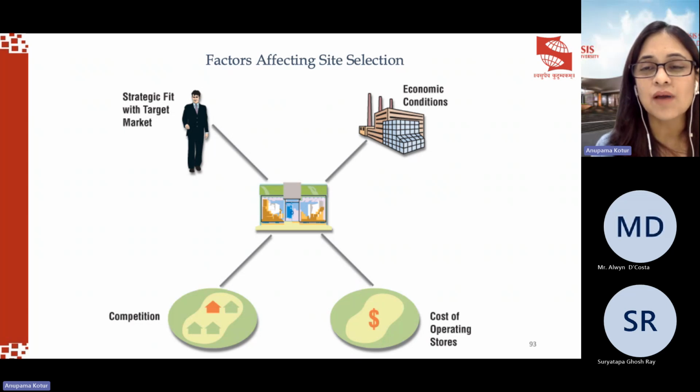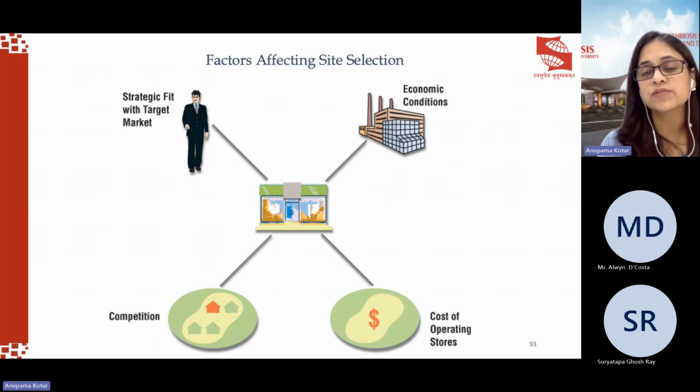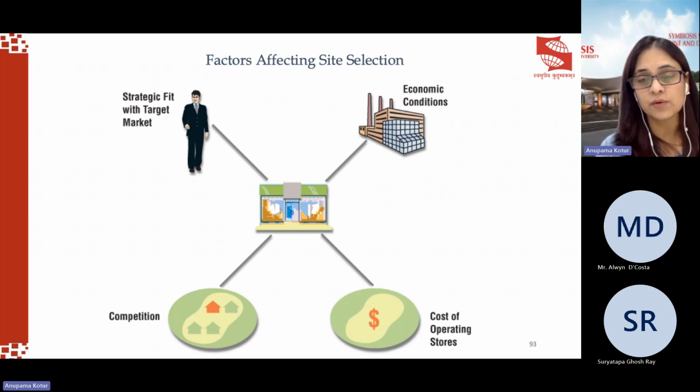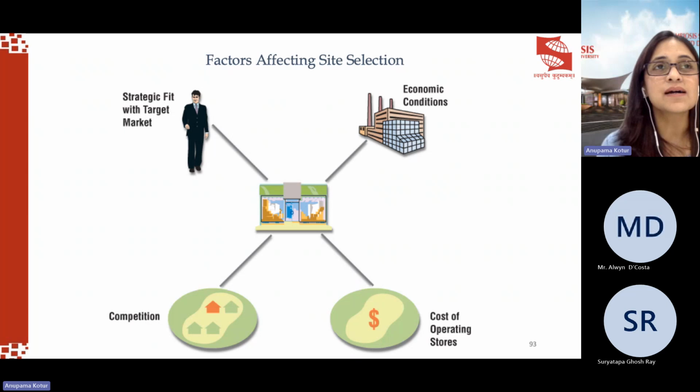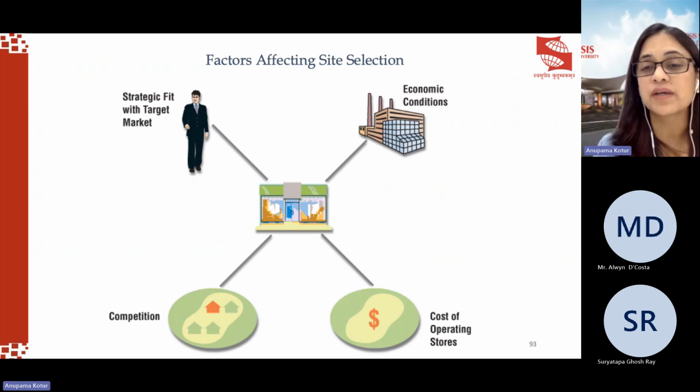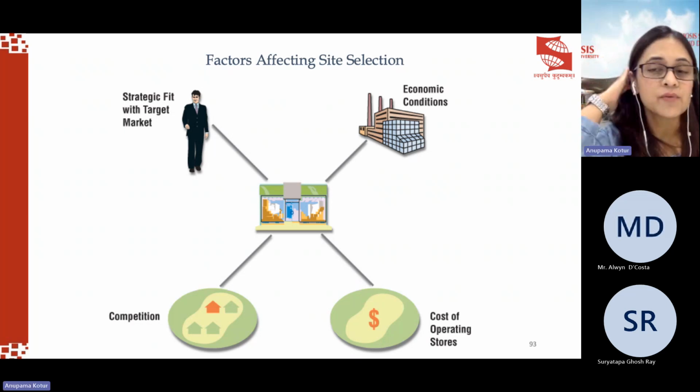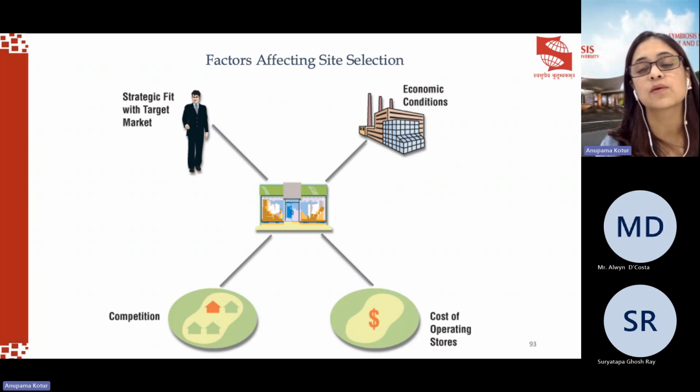But then if the economic conditions are recessionary, then really you're spending a lot of money on choosing a very high-end location where the return on income might not be assured, right? So it's also very important to understand the external and controllable factors. It could be economic, political in nature, even socio-economic in nature before you choose a certain location.